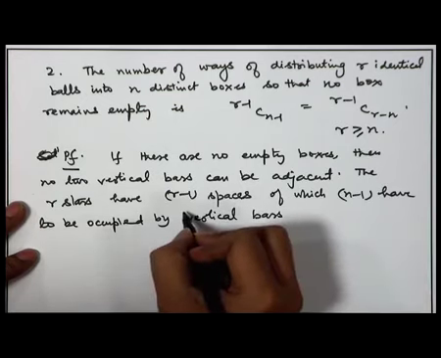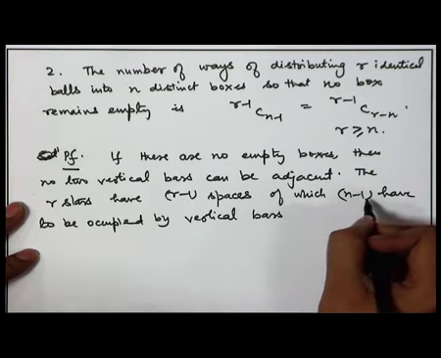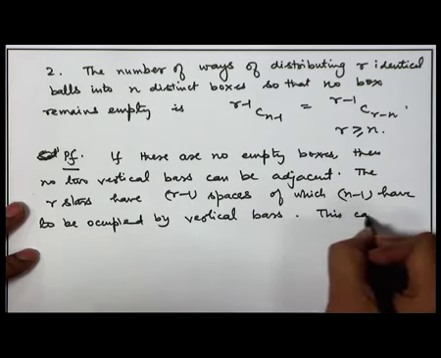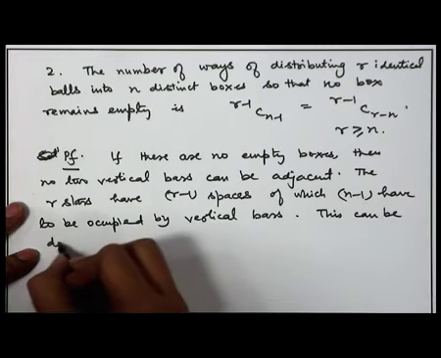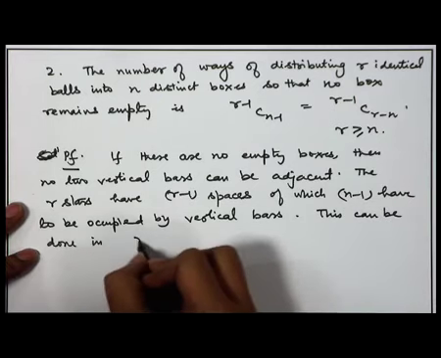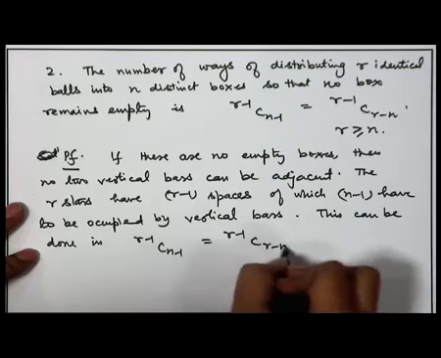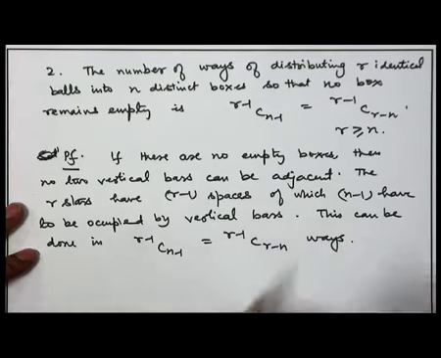That is how many vertical bars, that is n minus 1. So, this can be done in r minus 1 choose n minus 1, that is r minus 1 choose r minus n ways.